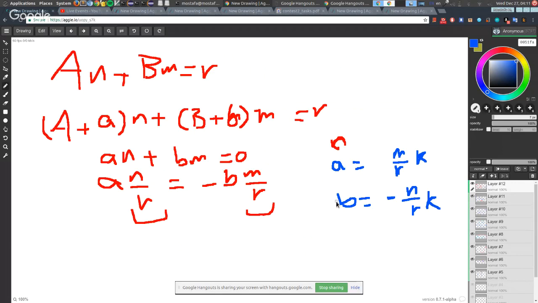But we find that any of them would still make the Chinese remainder theorem have a unique solution.